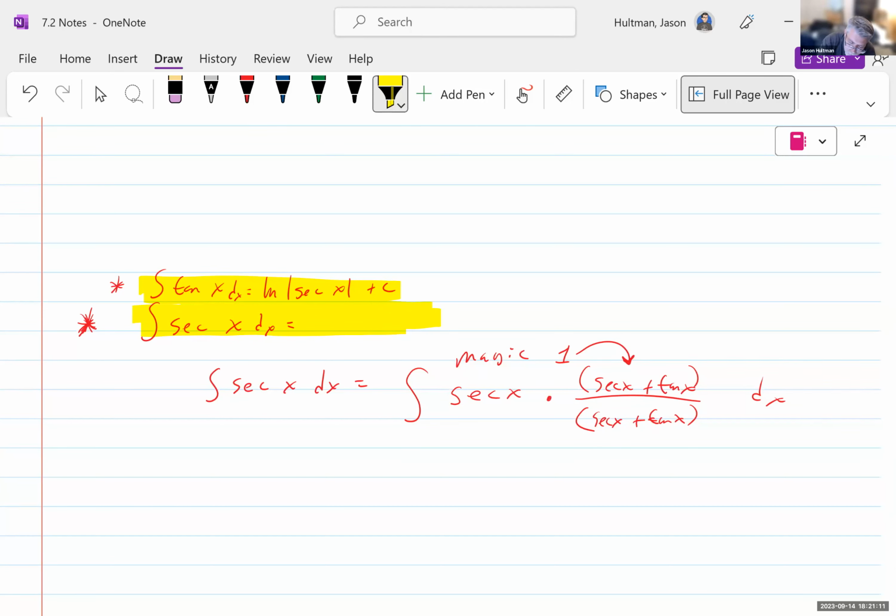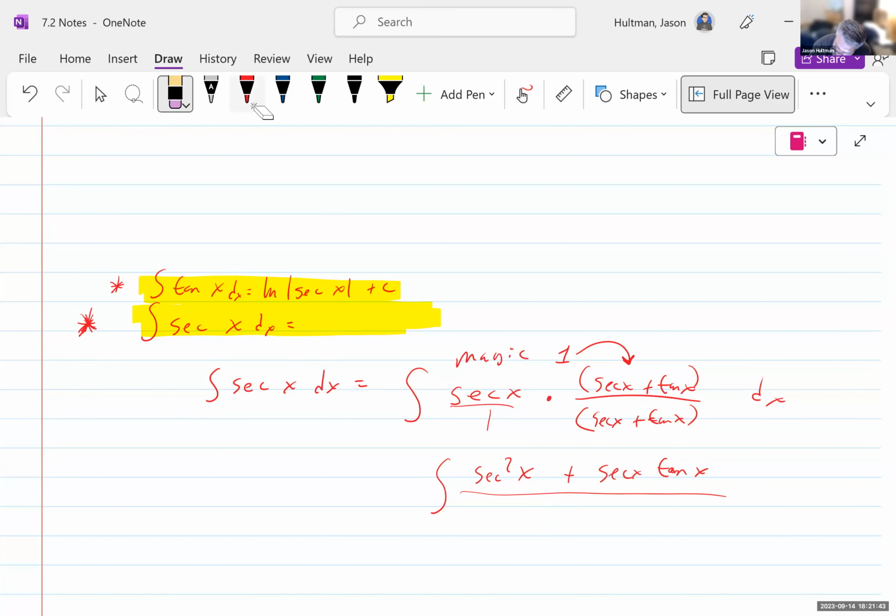Okay, so using this magic one, I'm going to put this over one, and then I'm going to distribute. And I get the integral of secant squared x plus secant x tangent x, isn't that nice? Why is that so nice? All over secant x tangent x.